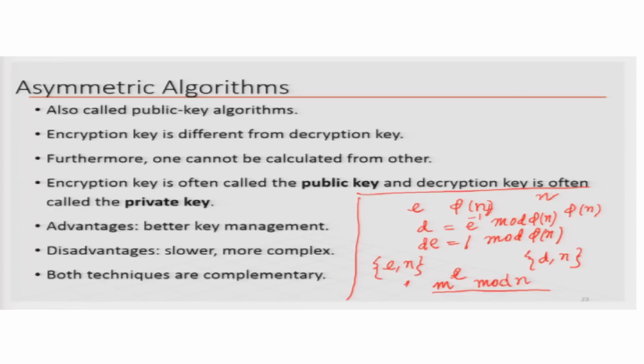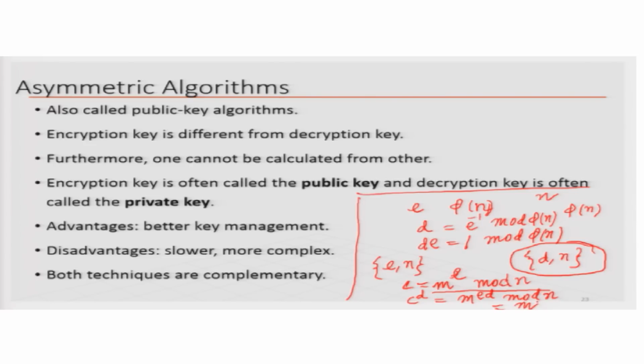That becomes your ciphertext. When the message reaches the other side, the one who possesses the private key computes c to the d, which becomes m to the power e d mod n. Since e d is 1 modulo phi n, this becomes m.